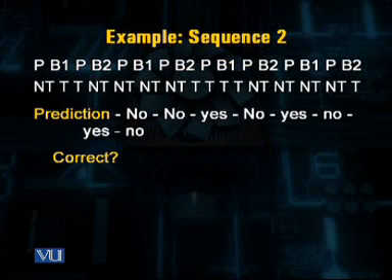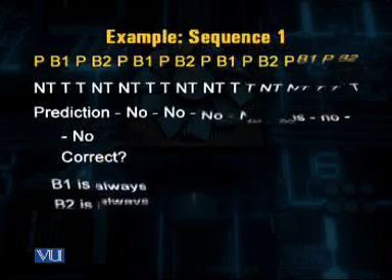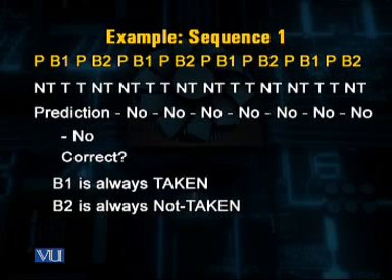Now we can have a look at another sequence. In this sequence, the columns B1 and B2 show the branches B1 and B2. This time, we are assuming that B1 is taken the first time and then not taken, then next time it is again taken.